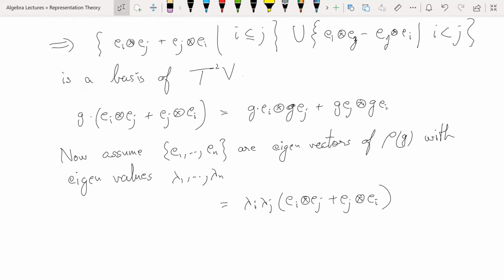So that tells you that chi G of Sym^2 V is going to be the summation of lambda I lambda J, I less than or equal to J.